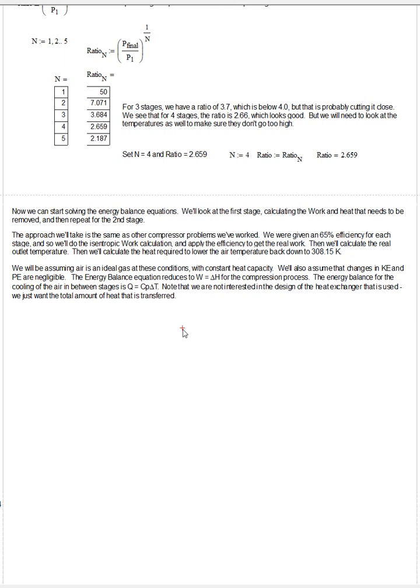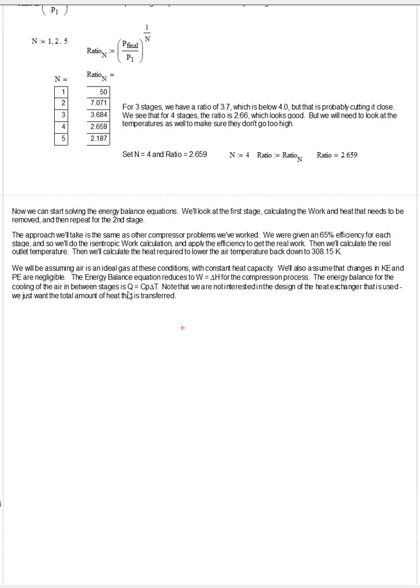So with these assumptions, our energy balance for this open system, and remember this is an open system, even though the reciprocating compressor is piston cylinder, we're treating this as an open system, and so our energy balance reduces to the work is equal to delta H. And if we want to include the mass or mole flow rate, we would multiply by that.